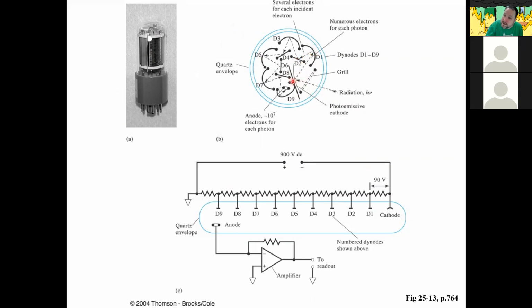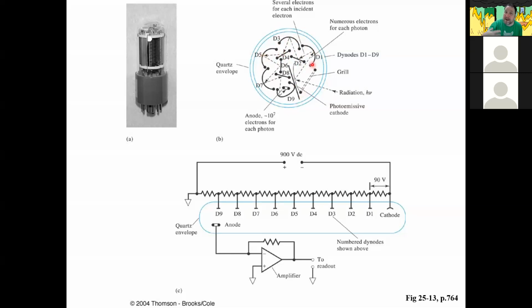We've got a potential so that when we kick off one electron, this dynode picks up on that electron and sends out multiple electrons to dynode number 2. So in comes one photon, hits this one, and let's say it gives 3. So we go from 1 to 3. Each of these is then multiplied and sent off to dynode number 3, so 1 to 3, then 9. Then from 9, I don't know, math happens, and it gets really big, really fast.